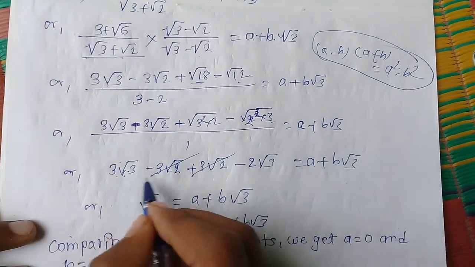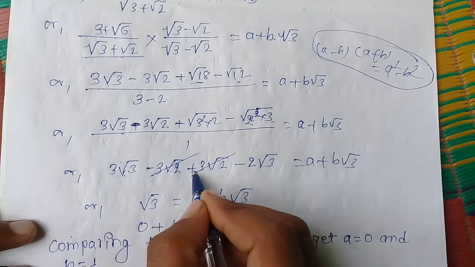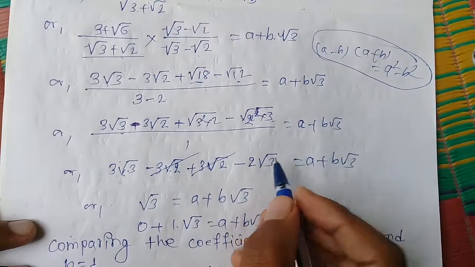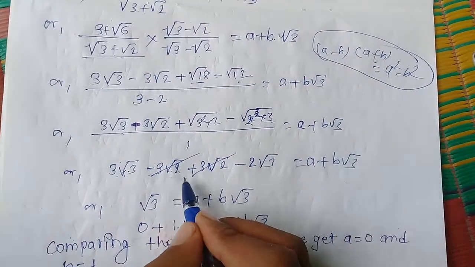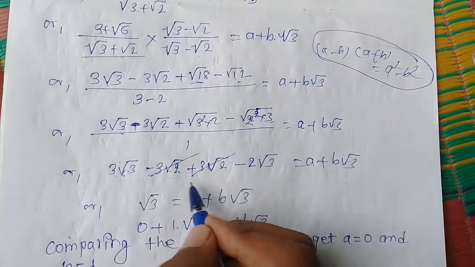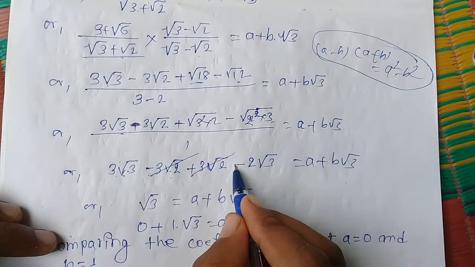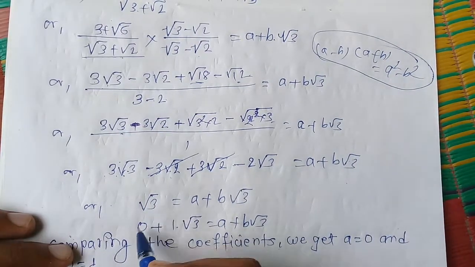So we will get 3 root 3 minus 3 root 2 plus 3 root 2 minus 2 root 3. This and this will cancel out, since the coefficient and radicand are both the same and the order is also the same. Finally we get 3 minus 2, so we will get 1 root 3 only.